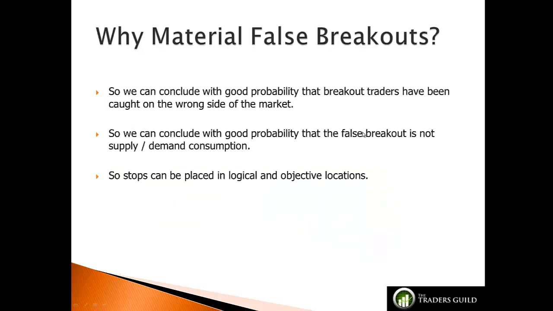The next topic is why a material false breakout. In the last video I said I'm always looking for a material sized false breakout, so a material break of an SR swing point and then a close back above or below. Why am I looking for material false breakouts? Firstly, we have to be able to conclude that the breakout traders' orders have been triggered.